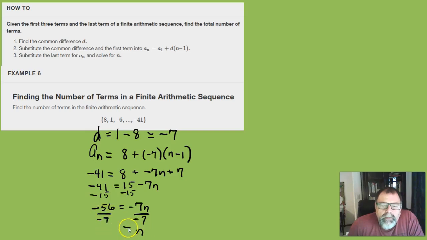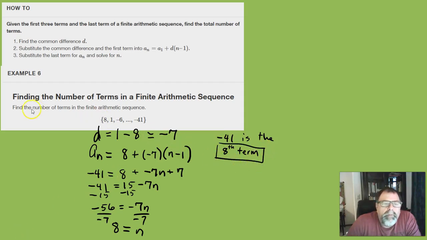So n is 8. So negative 41 is the 8th term. Or let's see, find the number of terms. There are 8 terms in the sequence, right? That's fine. There's 8 terms.